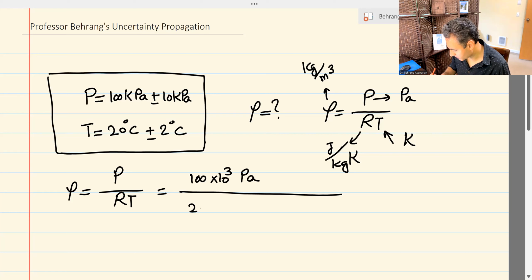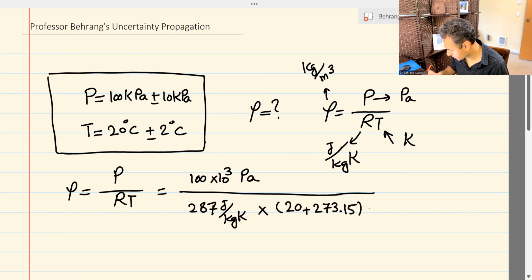R for air is 287 joules per kilogram Kelvin, times temperature. Temperature has to be in Kelvin, so that would be 20 plus 273.15. Now I can calculate the value of density. If you actually do the calculation, the value that you're going to get is 1.189 kilograms per meter cubed.